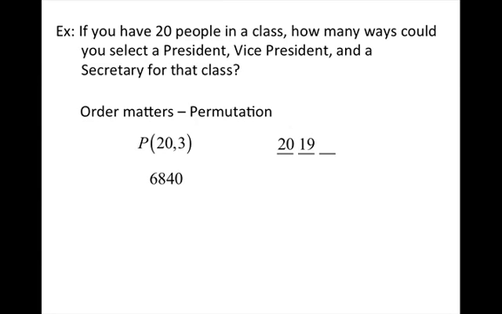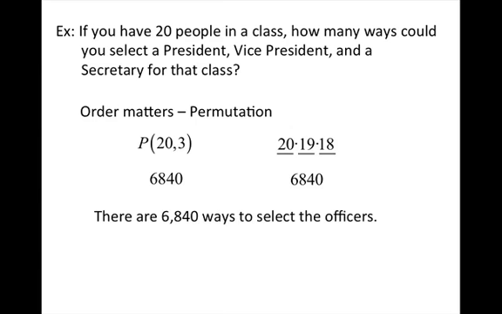Now I've chosen a president and a vice president, I need to choose a secretary. Of the 20 people, 2 have already been selected, so I have 18 remaining. If I multiply these, I also get the 6,840. So there are 6,840 ways to select those 3 officers.